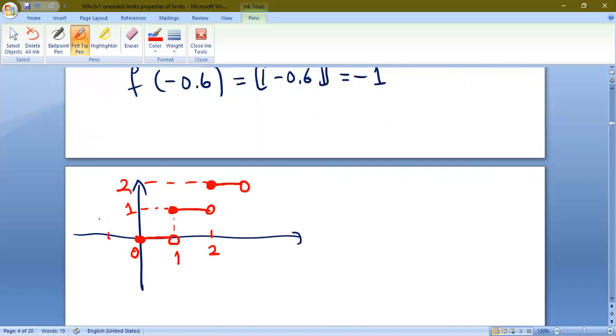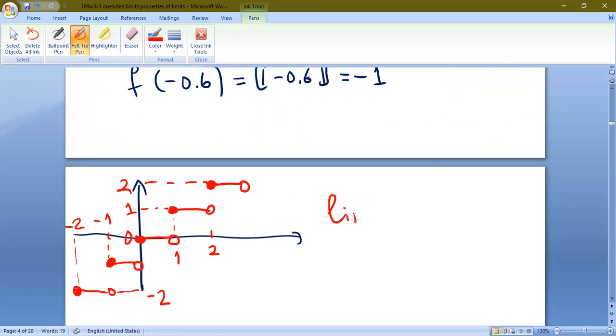For numbers between 0 and minus 1, it's going to give minus 1 until 0. Okay? Let me carry this somewhere else. So it's going to go like that. This will be, of course, minus 2. Okay? So this is a step function.